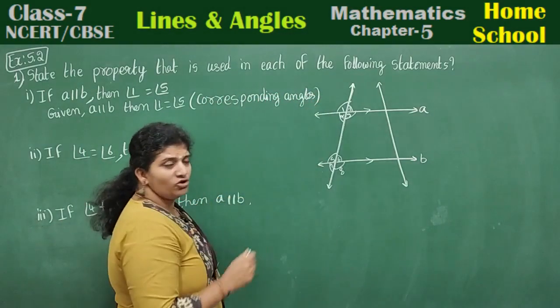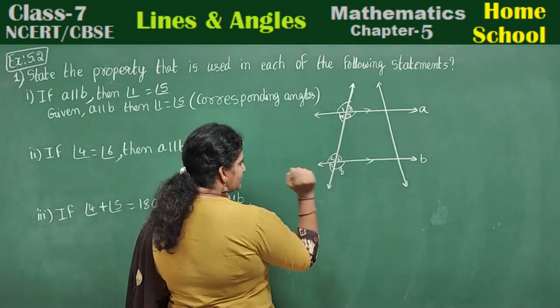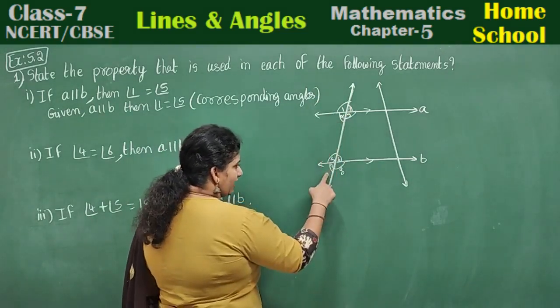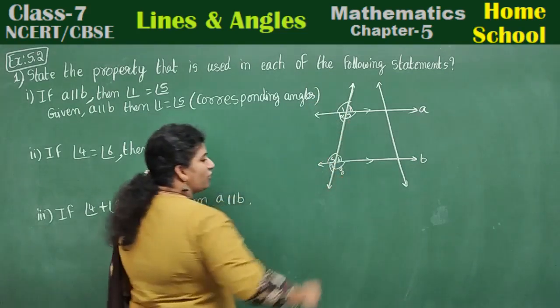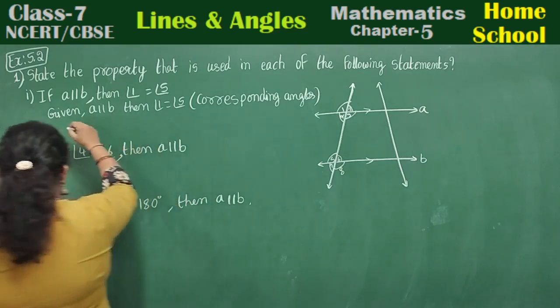Can you observe one more, children? Yes. Angle 2 corresponding to angle 6. Angle 4 corresponding to angle 7. Angle 3 corresponding to angle 8. Now, let's write the statement here.